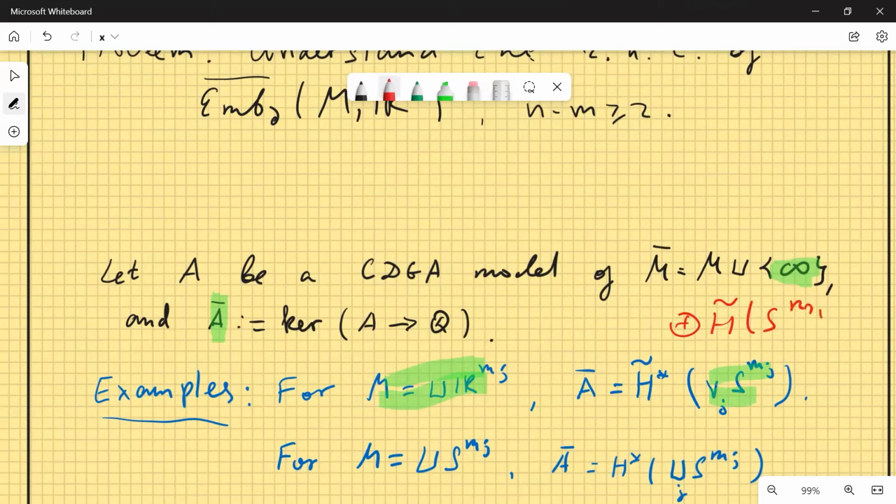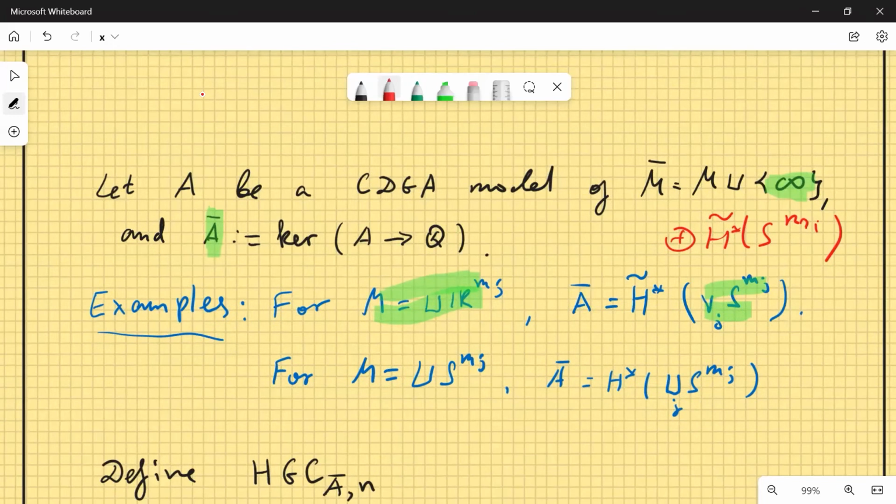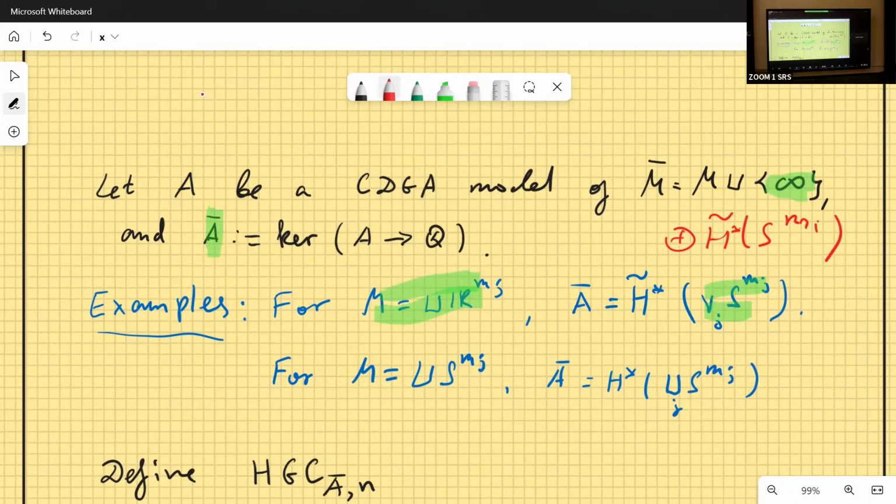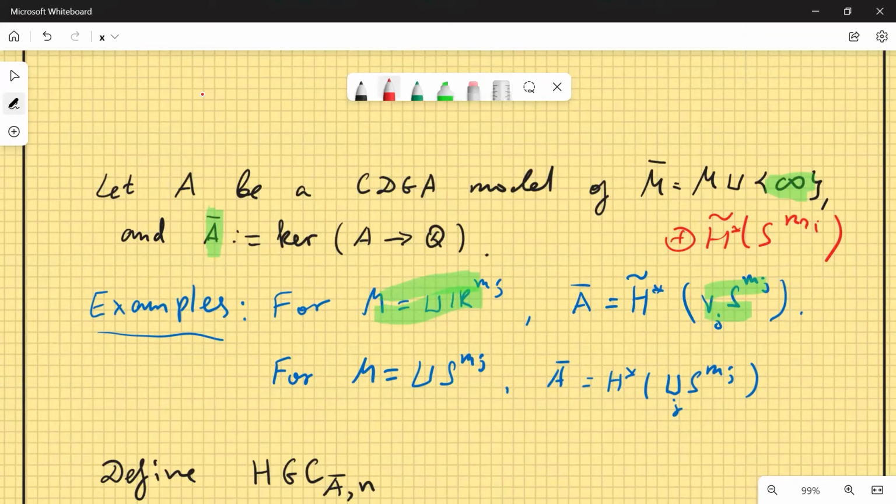So it's a direct sum of algebras, and the products are going to be trivial in this algebra. For spheres, when M is S^{m_j}, in this case A bar is going to be the homology of a disjoint union of spheres. So it is also a direct sum of algebras, but here the products are going to be non-trivial.